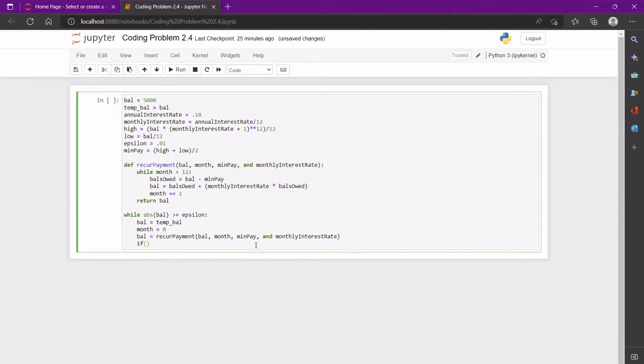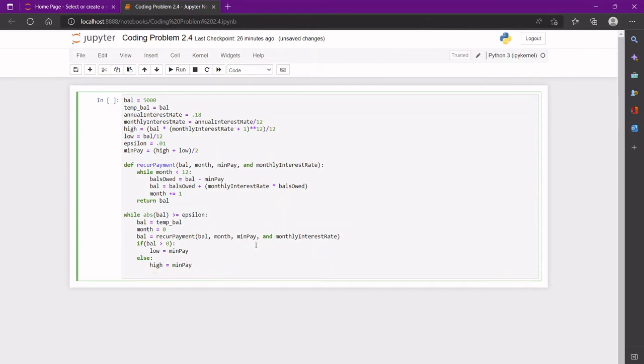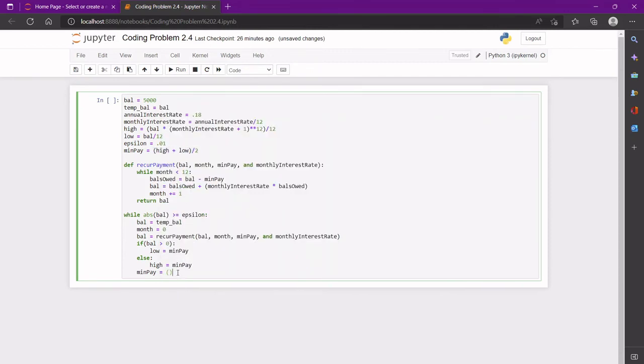And if our balance is less than 0, our low equals the minimum payment, else our high equals minimal payment. All right, so our minimum payment will return back to here. There you go.